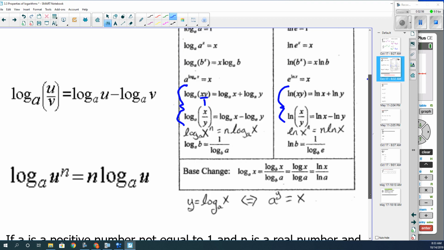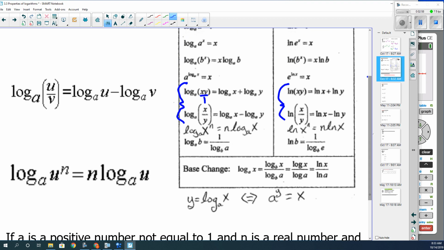Now, a property that I didn't mention is this third one down. This one says if you have log base A of something and it's raised to a power, then this power rule says you can take that power and bring it in front of the log as multiplication. That's actually why, when we were doing these problems right here, the answer ended up just being the power.